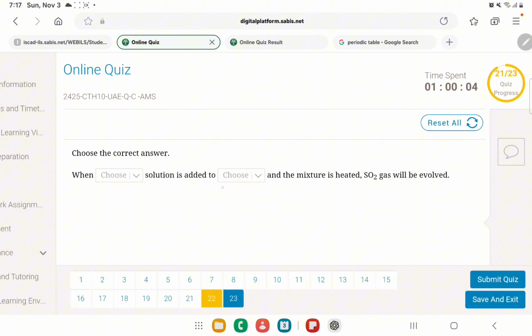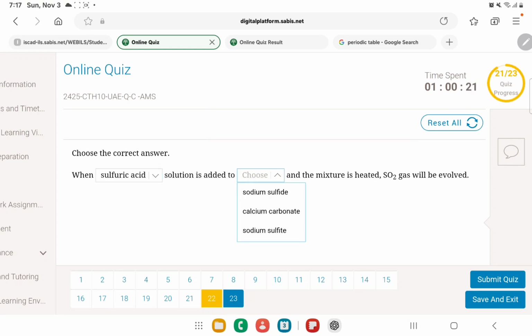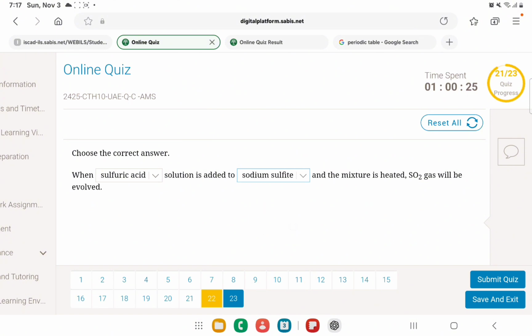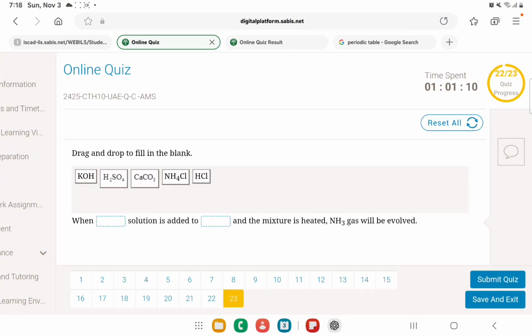When what solution is added to what, the mixture is heated, SO2 gas is evolved. We know SO2 is produced whenever SO3 and acid react. So acid and SO3 sulfite. Okay, here when what solution is added to what and the mixture is heated, NH3 gas is evolved.